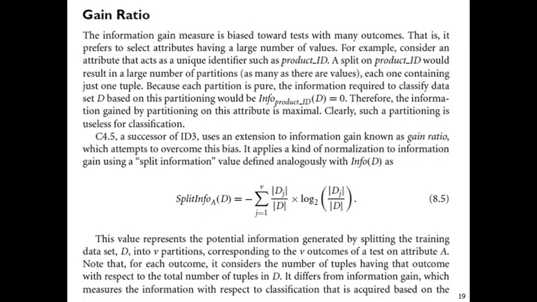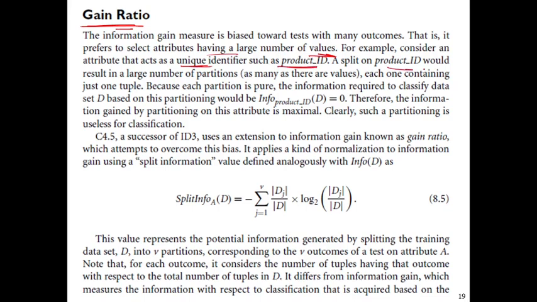The information gain measure is biased toward tests with many outcomes; that is, it prefers to select attributes having a large number of values. For example, consider an attribute that acts as a unique identifier, such as product ID.